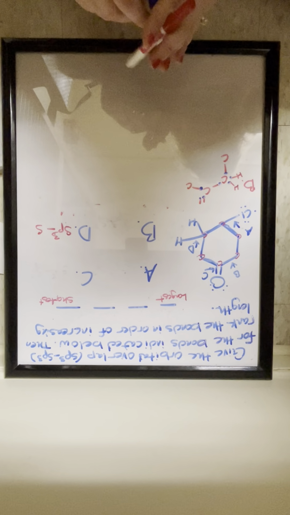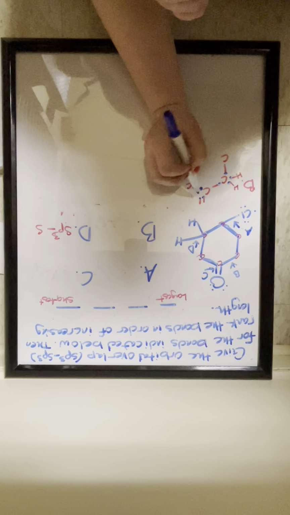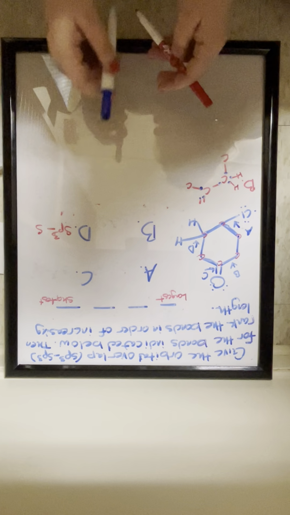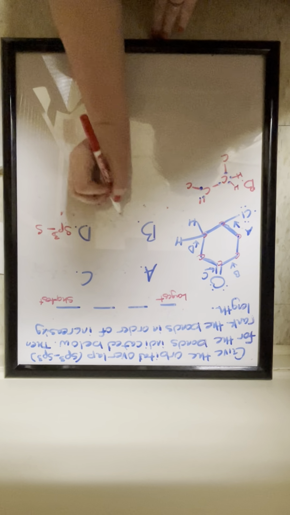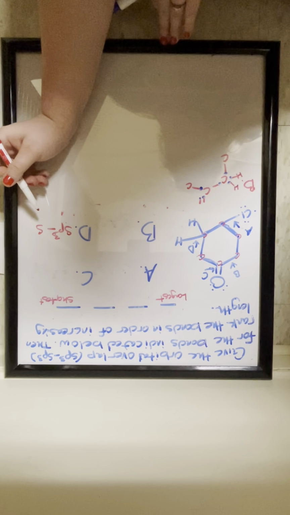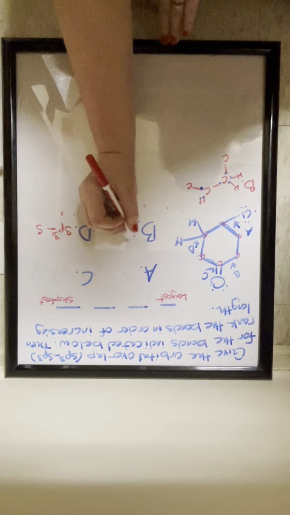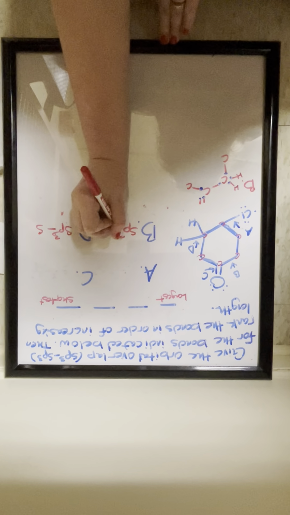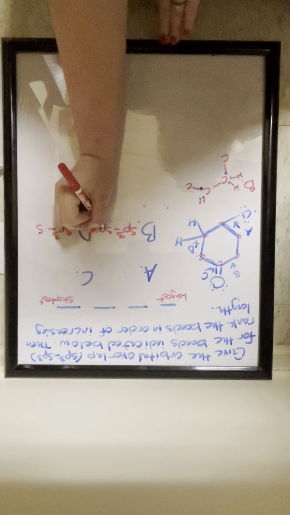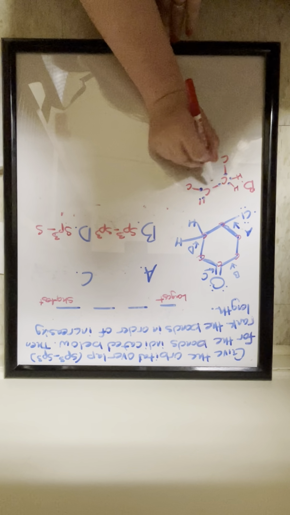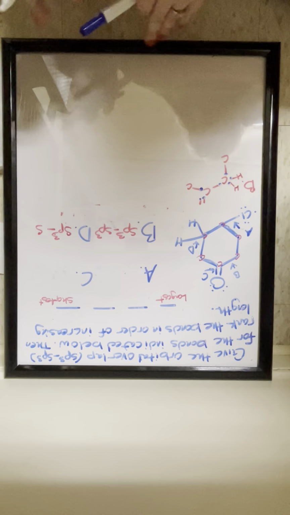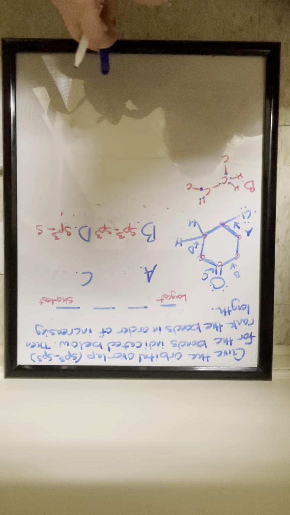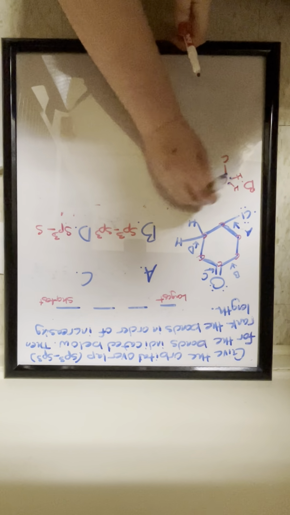So we've got 4 bonds here, 4 bonds here, which will make both of these carbons the same as they were before: sp3. Their octets are full, and they both have 4 bonds. A 4-bonded carbon is sp3.